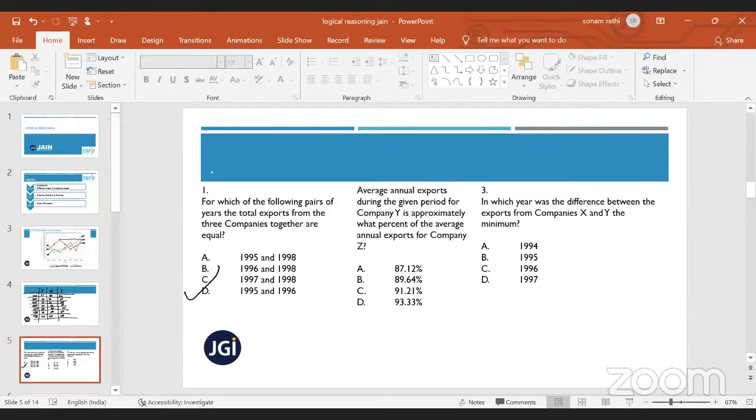Question number 2. So first find the average of company Y and the average of company Z. Total of Y is how much?